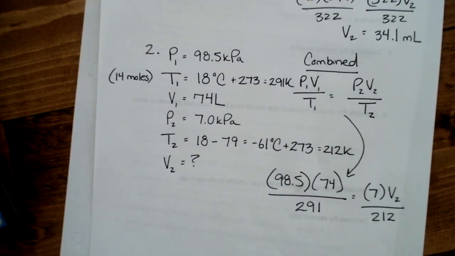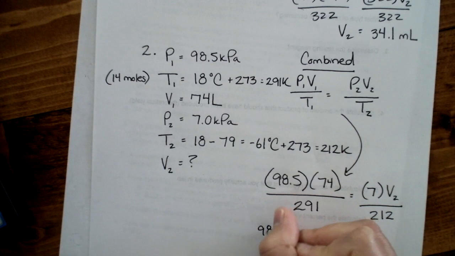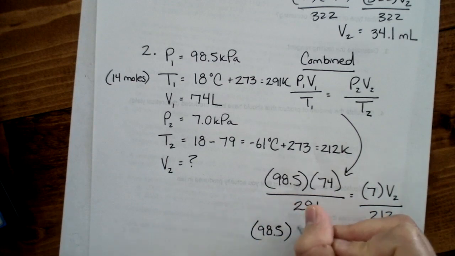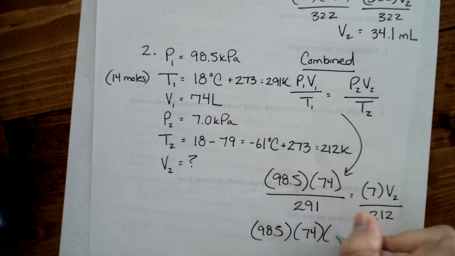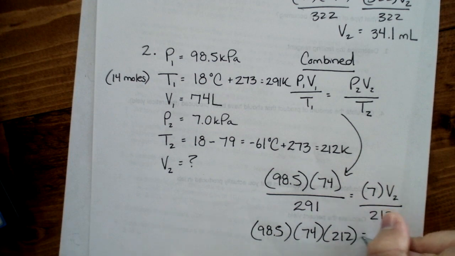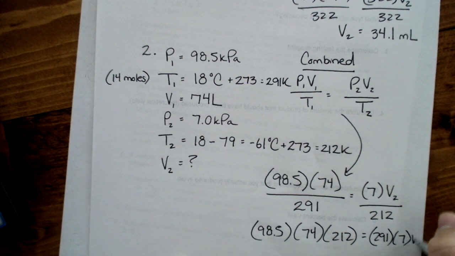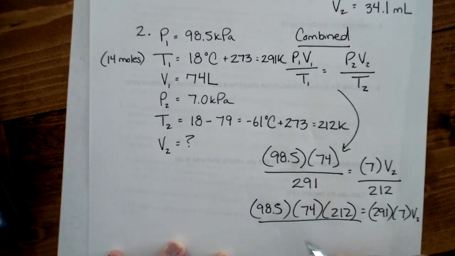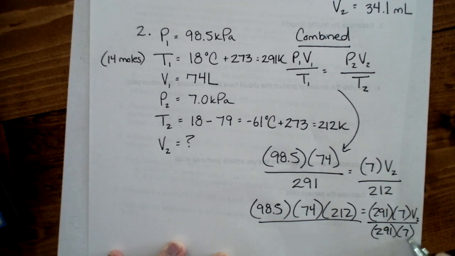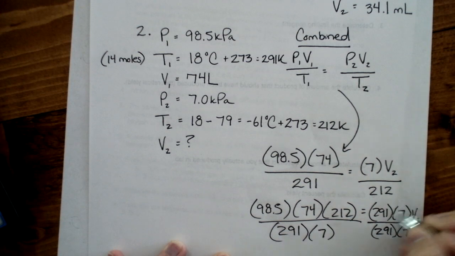Again, you can cross multiply, so that would be 98.5 times 74 times 212 equals 291 times 7 times V2. And then divide both sides by the 291 times 7 to cancel those out.